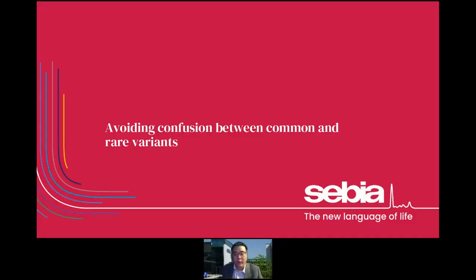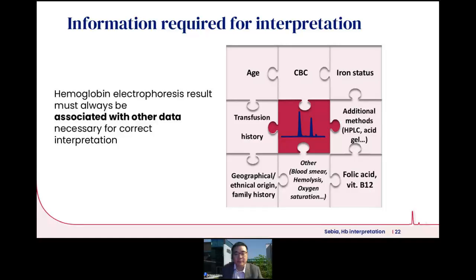So how do we avoid confusion between common and rare variants? Importantly, when we consider every hemoglobin electrophoretic result, we must also associate them with other data for the correct interpretation. The data we should consider would be every other clinical information that's available, like the age, the complete blood count, the iron status.